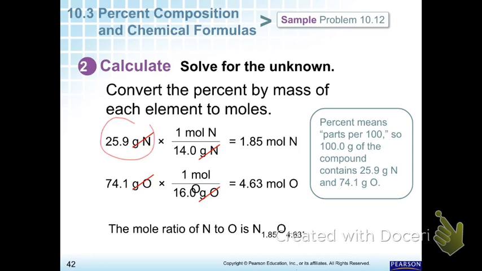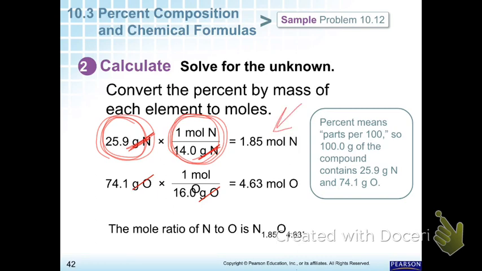This was the percent given, okay? 25.9% nitrogen. Nitrogen is 14 grams per mole. That's its atomic mass unit. Notice that 14 goes on the bottom so that it can cancel out. Grams and grams, that leaves you with moles.